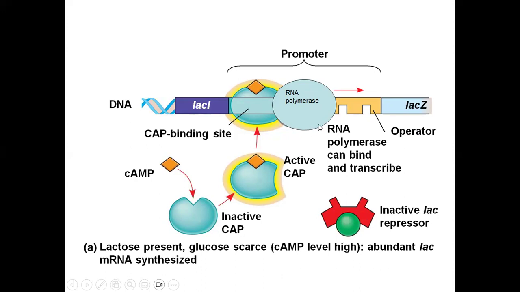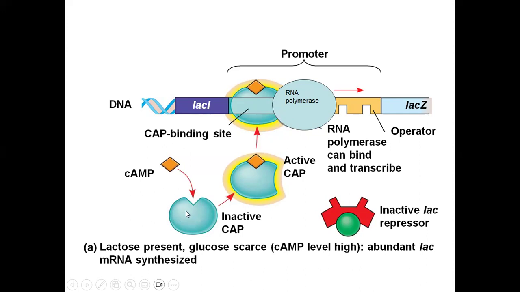Now, the rate at which RNA polymerase carries out transcription, whether medium level or high level, will depend on the presence of the CAP cyclic AMP complex bound to the DNA upstream of the promoter. The CAP protein has a binding site for cyclic AMP.